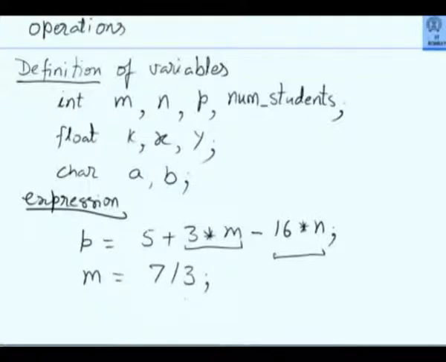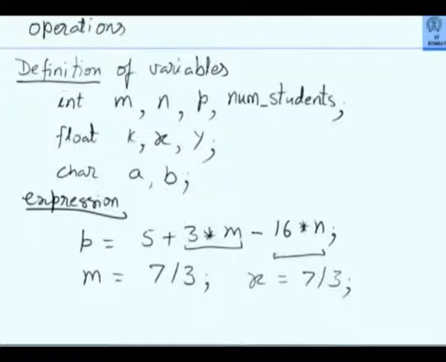For example, suppose I had said x is equal to 7 by 3. So according to your logic, since x is floating point, 7 by 3 should translate into 2 point something something. That is not correct.